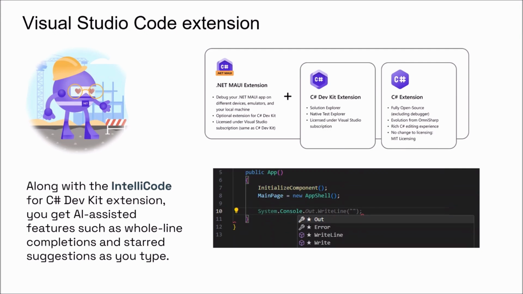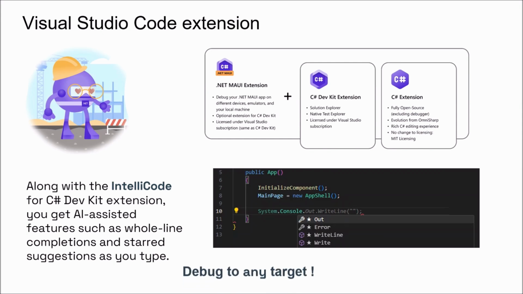And you have this extension which, paired with the C# Dev Kit, will give you all the tools you need to develop your cross-platform .NET mobile and desktop application with Visual Studio Code directly using this tool.